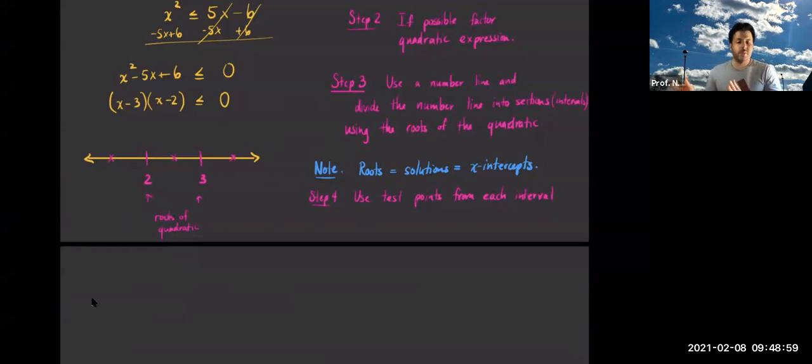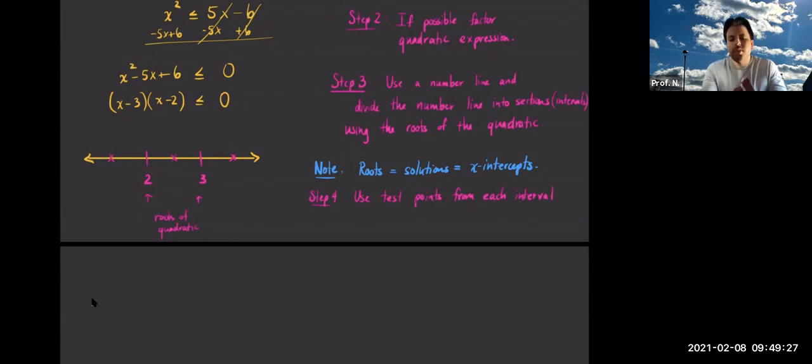I have 3 intervals when I divide it using the roots of the quadratic. And now I'm going to select a number within those intervals. I could choose any number within those intervals. But of course, some numbers are just more convenient than others. So for example, what's a number smaller than 2 that's easier to use? And those will be my test points.